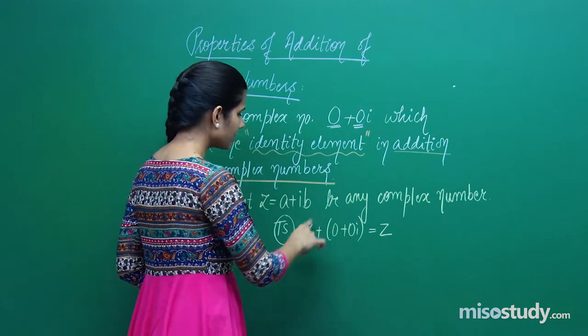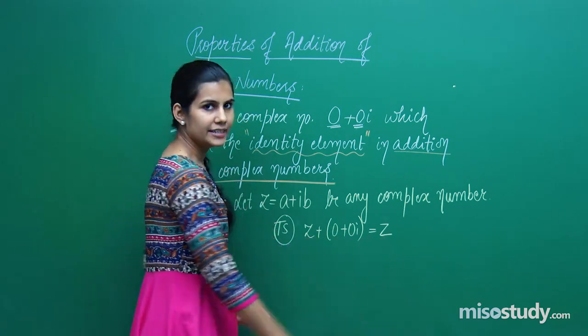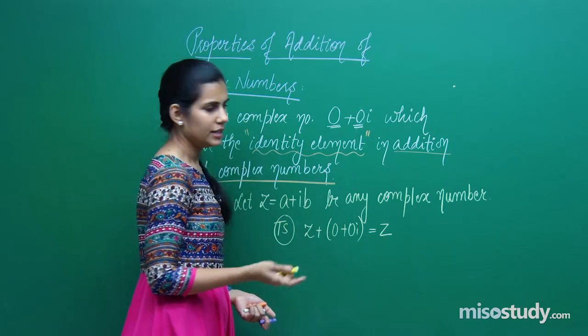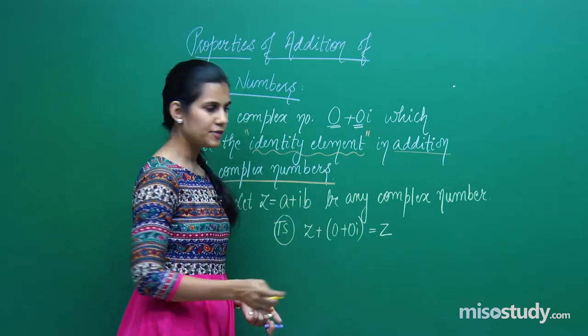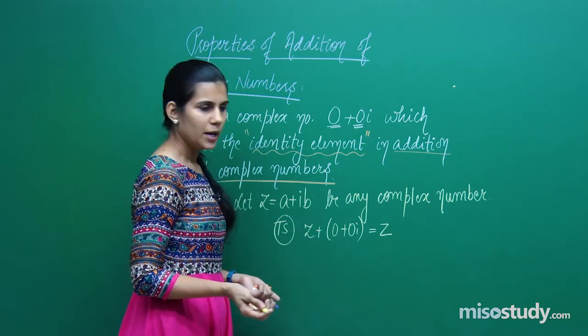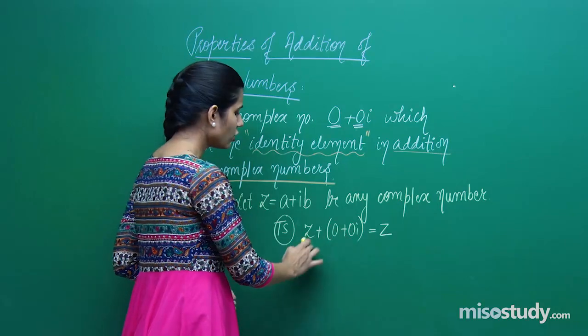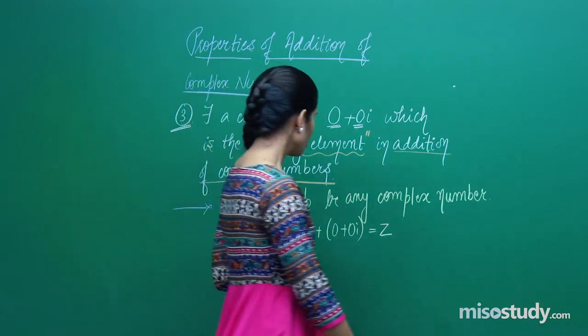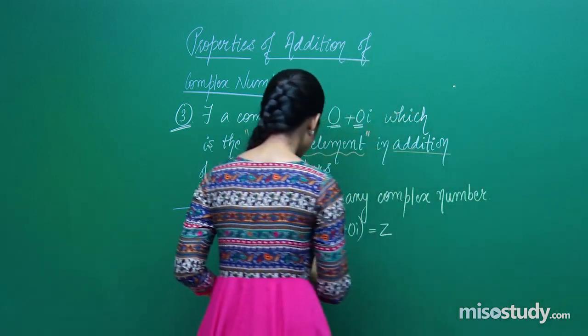That means this complex number is not changing the identity of the complex number z, and z is a general arbitrary complex number. a can be anything, b can be anything. If this result is true for a and b, that means this result is true for any complex number. That means this complex number is not changing the identity of any complex number to which it is added. So, let's consider the left hand side. This is my left hand side.